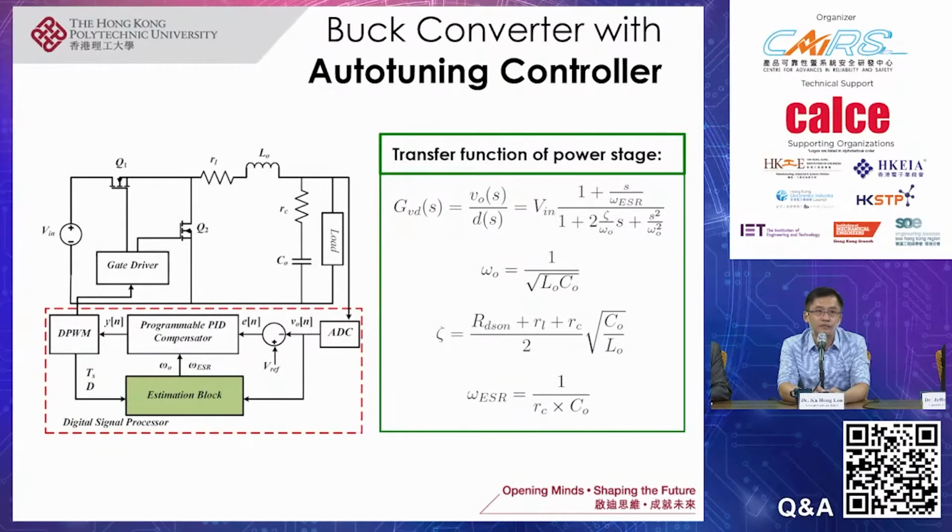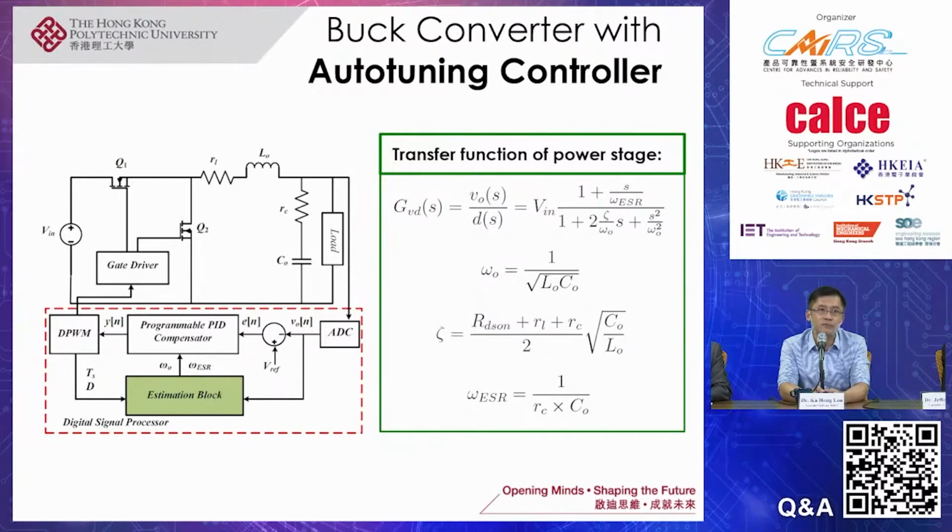We can see the dependence of the converter's performance on the values of inductance and capacitance by looking at the transfer function of the power stage. Here we see that the power stage has two very important frequencies: omega naught, which is the resonant frequency, and omega ESR, which is the ESR zero frequency of the converter.